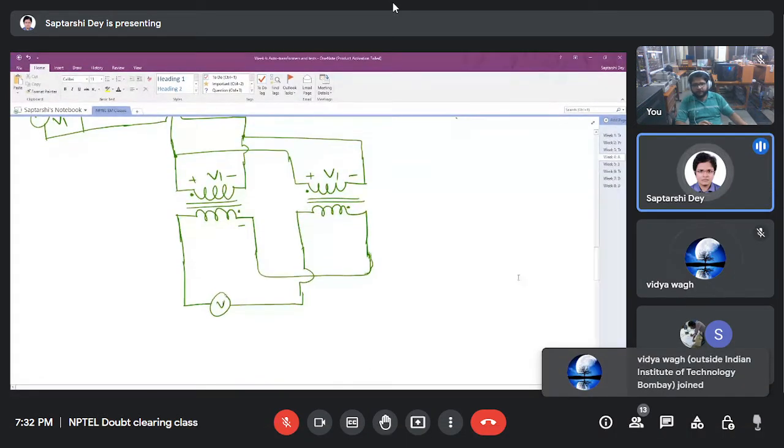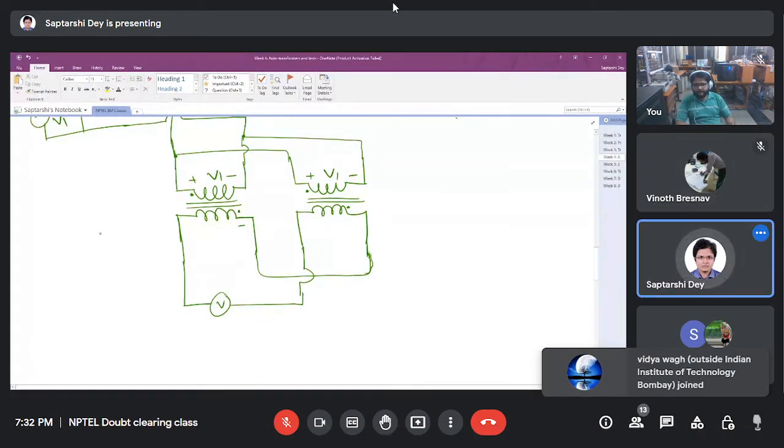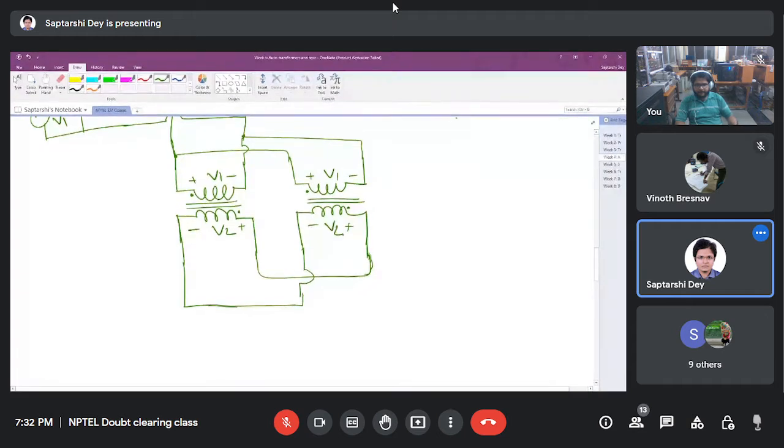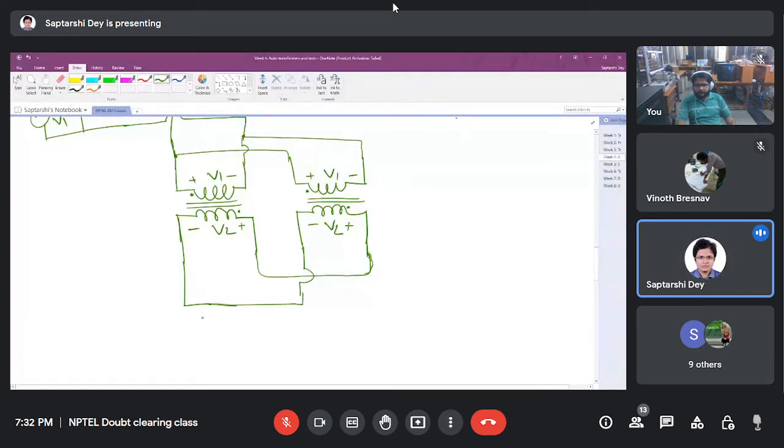Once we are sure of that, then instead of the voltmeter, we can simply short circuit these terminals and there will be no current flowing through it, because the voltages are opposing each other.